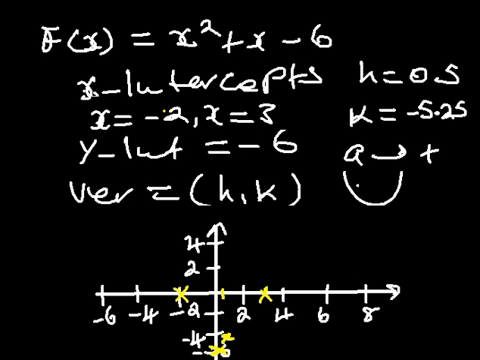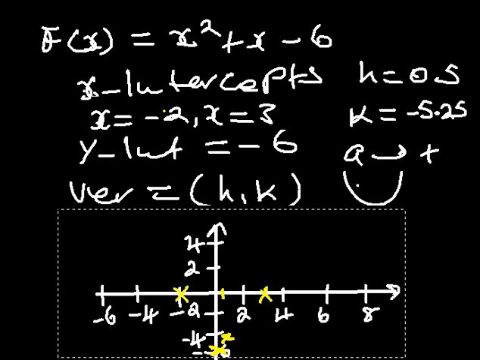In that case, it tells us the graph is going like this. Of course, because of the issues of space, it seems like this, but let me just have it in this way.